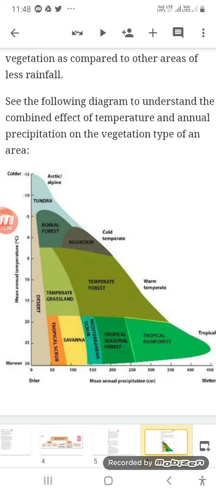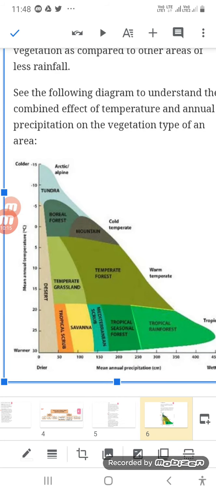This figure is a very good figure to understand the relationship between the mean annual temperature and the mean annual precipitation. When the mean annual precipitation is from 0 to 50 centimeters, and the temperature is minus 5 degrees Celsius to 30 degrees Celsius in an increasing trend, it supports desert or thorny plants.